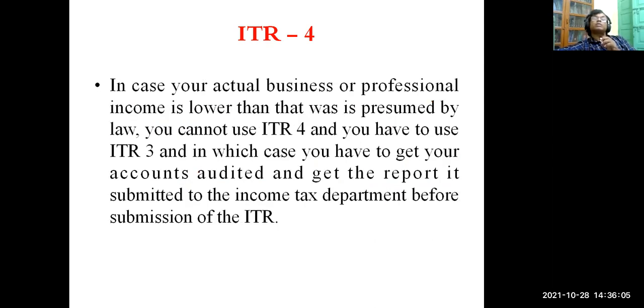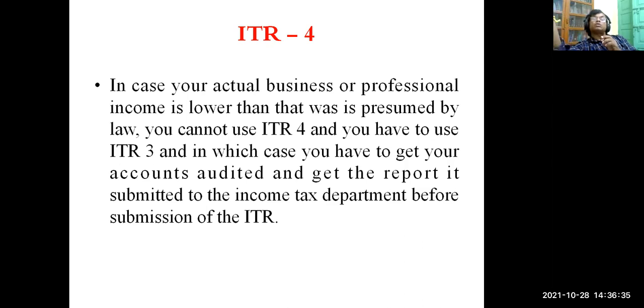And one more point, let me read it out for you. If your actual business or professional income is lower than what is presumed by the law, you cannot use ITR 4. You have to use ITR 3 in that case, in which you have to get your accounts audited and get the report submitted to the income tax department before submission of the ITR.